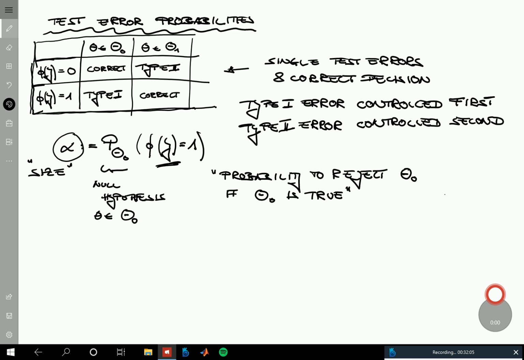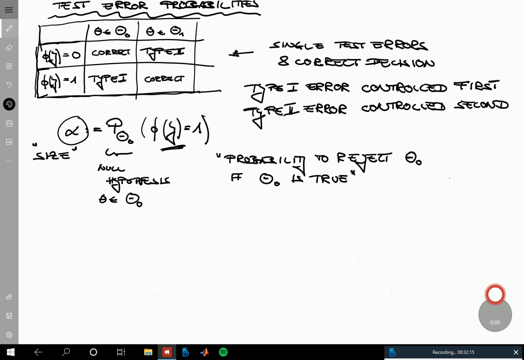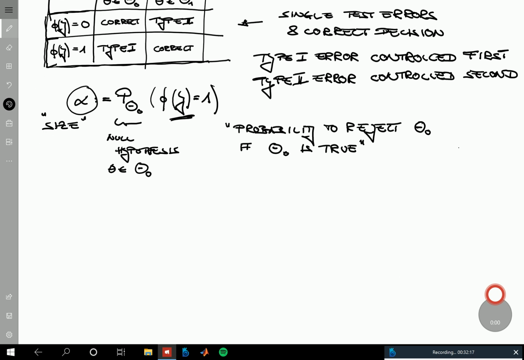So that's the size, or type 1 error rate. A rate is a probability.